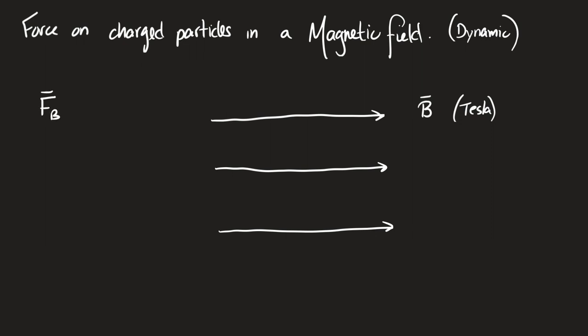So the force on a charge-carrying particle as it travels through a magnetic field is QV cross B, where Q is the value of the charge, V is the velocity of the particle, and B is the strength of the magnetic field. The X in there is not an X, it is the cross product.